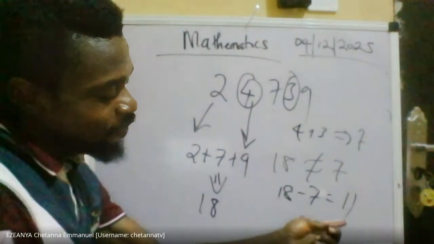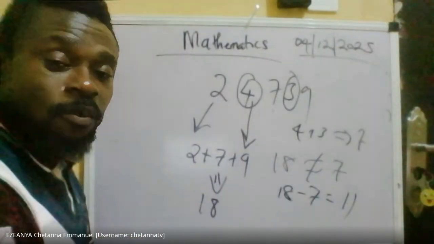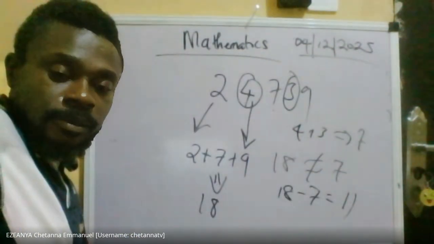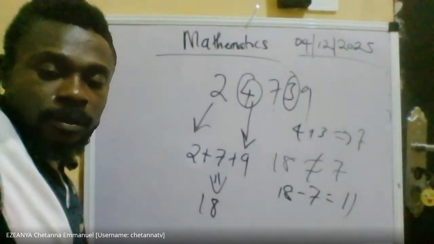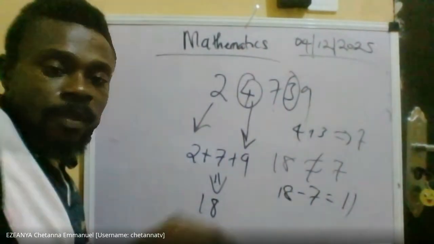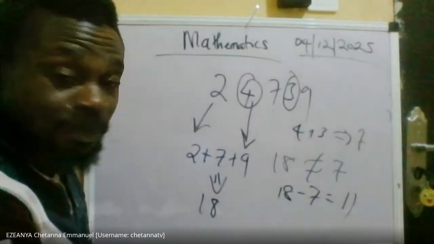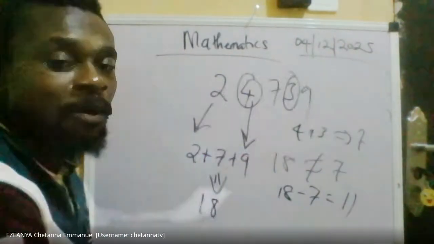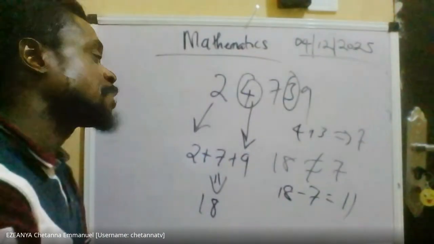So if 18 minus 7 is 11, what it means is that this number is divisible by what? 11. That is the meaning.